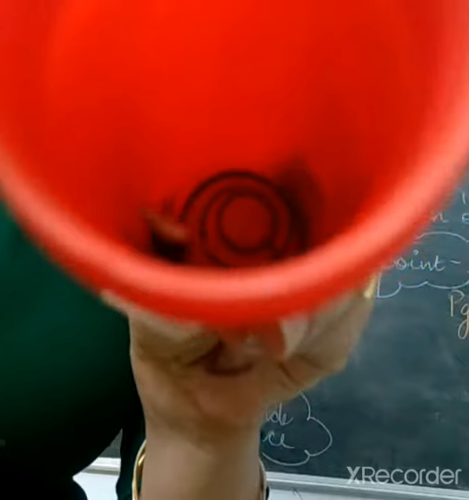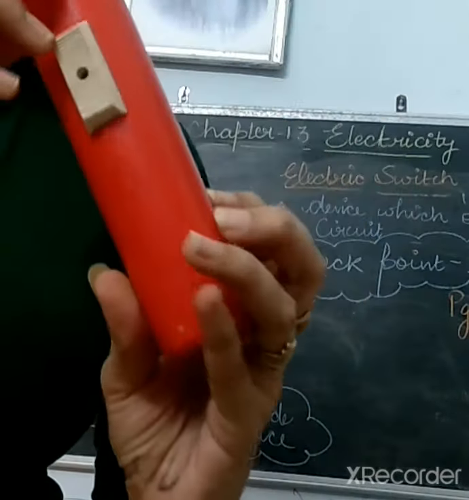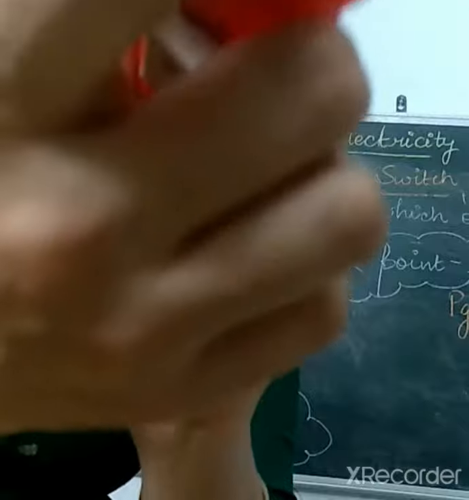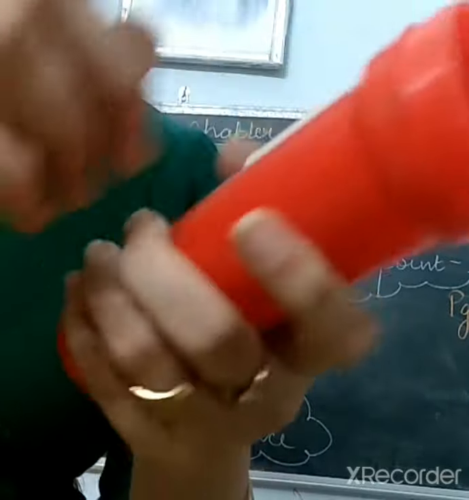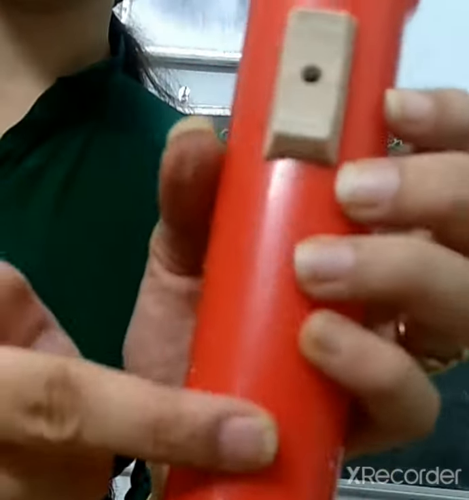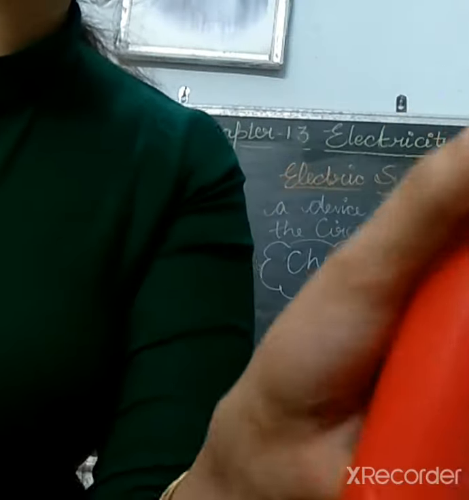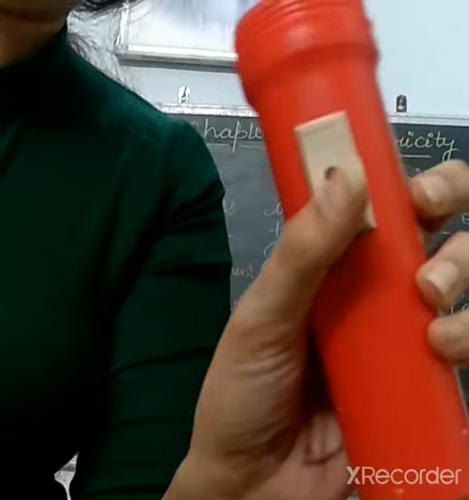Now I'll show you this metal plastic base. Inside you can see there is one spring, and there is one metallic plate-like structure present. This metallic structure is acting like a switch. So whenever we switch on or off, what happens?